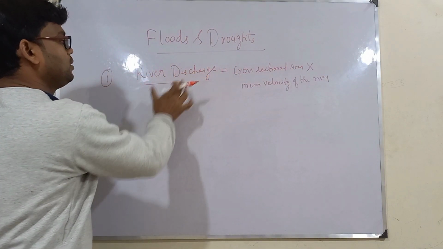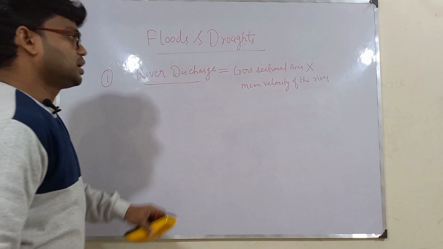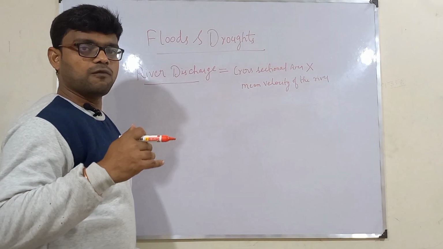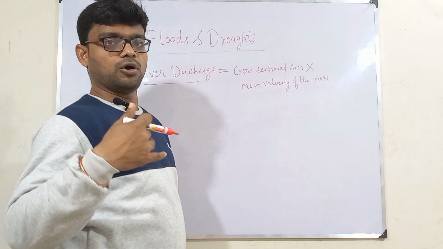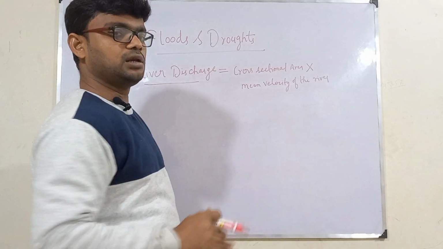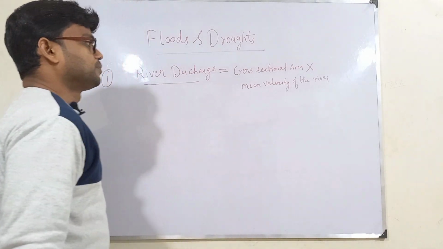So what do you mean by this term river discharge? River discharge means the amount of water flowing through the river channel in cubic meters.